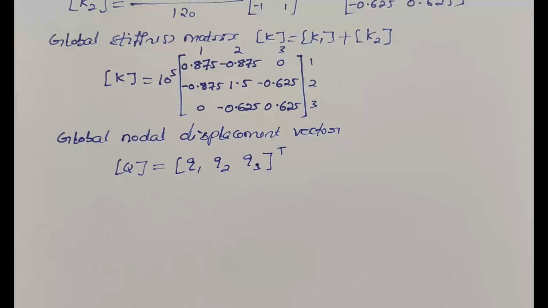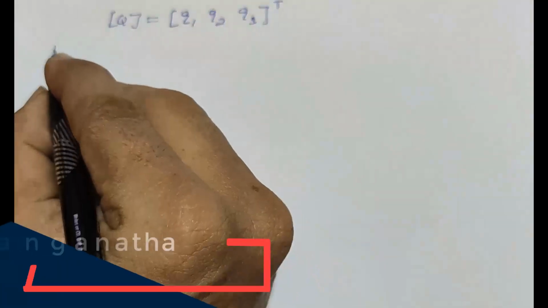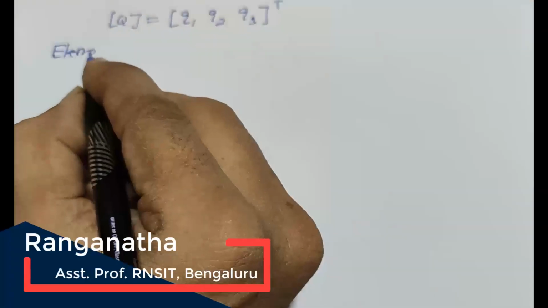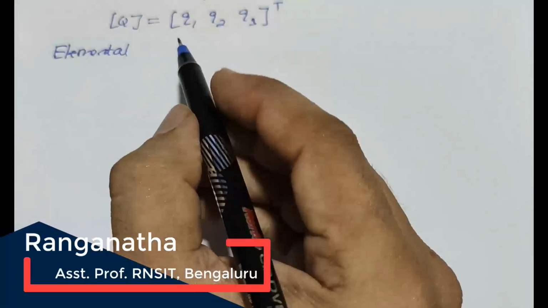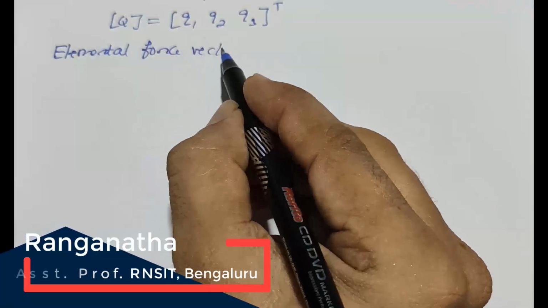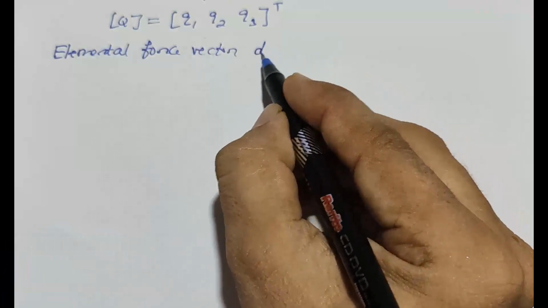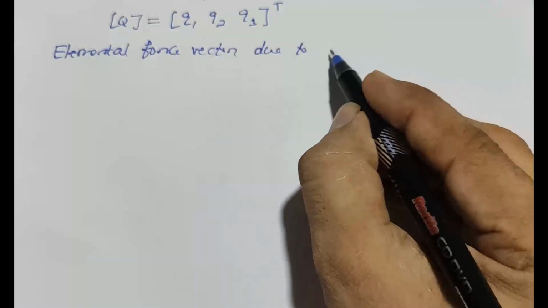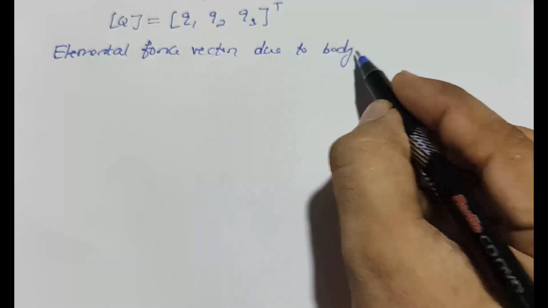First we will find the elemental force vector due to weight density, that is, due to body force.